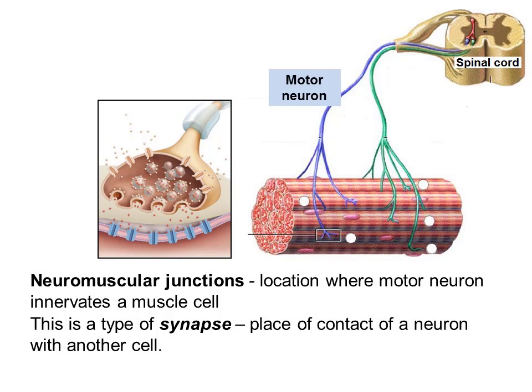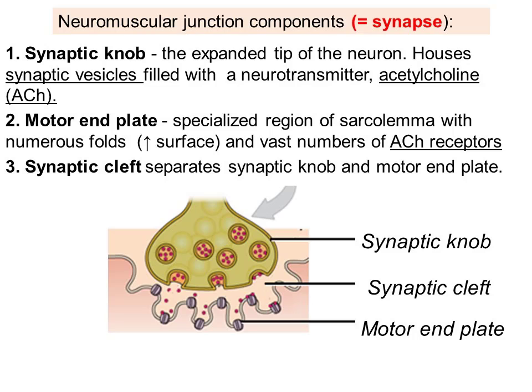That change from electrical to electrical is the synapse. And you see that between neurons, neuron to neuron, you see it neuron to muscle, you see it neuron to gland. And so the first part of our discussion about signaling a muscle to contract is all going to be about this synapse.